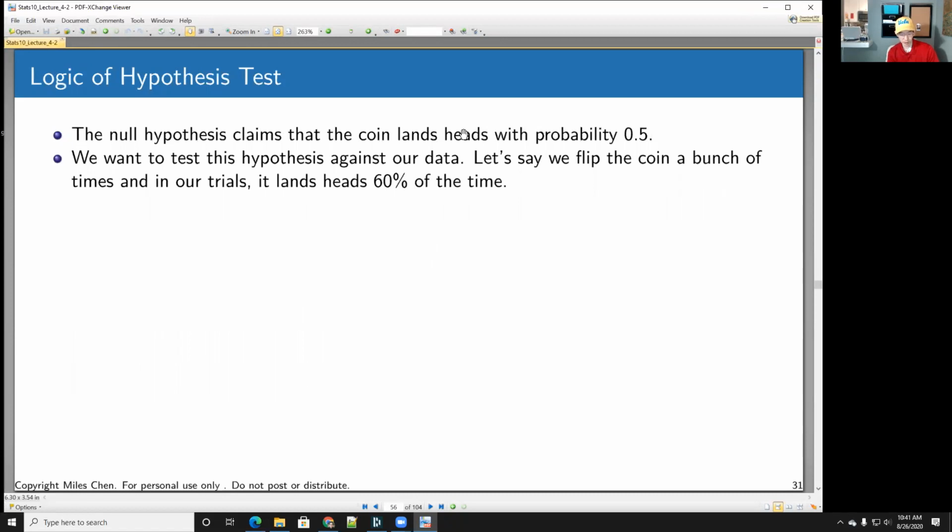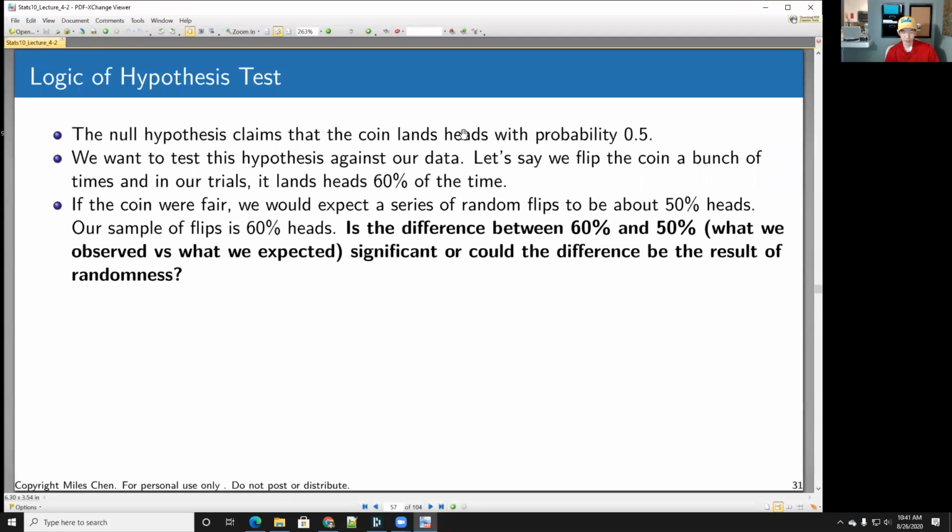And what we're going to do is flip the coin a bunch of times when we gather our data. Let's say that we flip the coin, I don't know, 100 times or 50 times or whatever it is, and it lands heads 60% of the time.